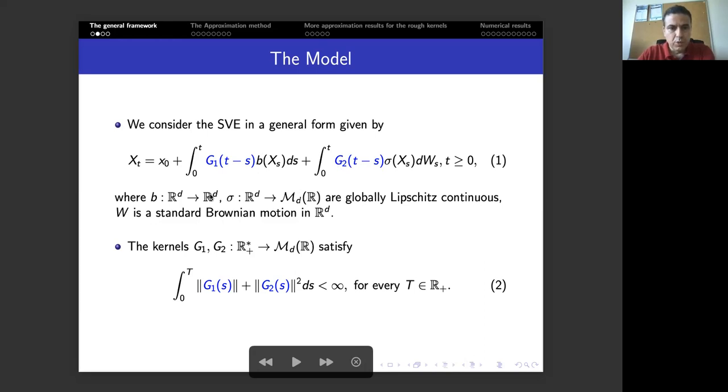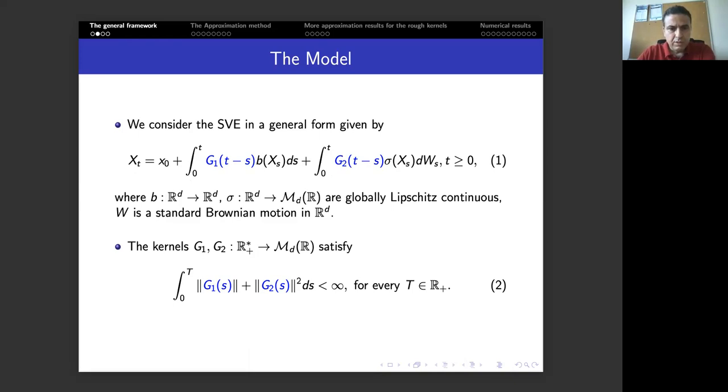Here I'm going to suppose that both coefficients B and sigma are globally Lipschitz. B can be vector-sized, and sigma could have a matrix size, and W is a standard Brownian motion that may have different size, but here we prefer to take the same size for all the coefficients.